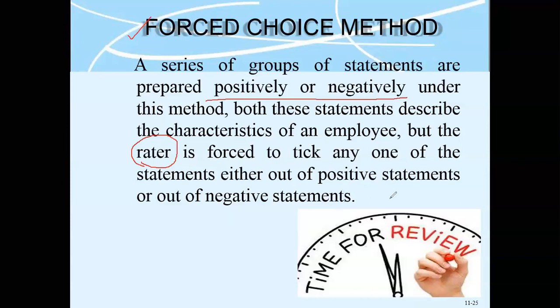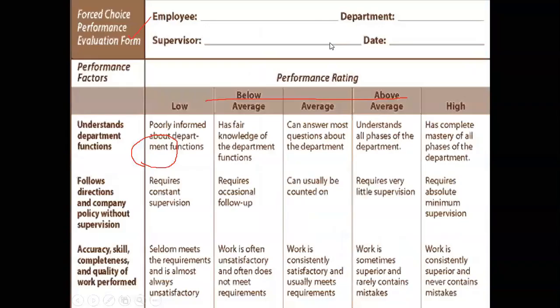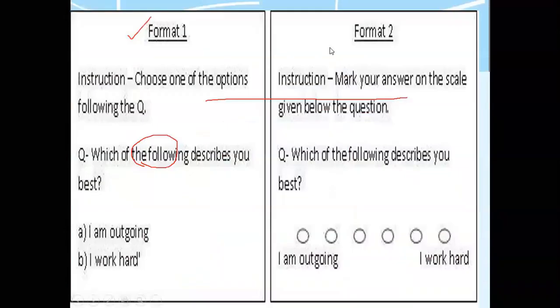And next we're going to see some things over it, that is right now on your screen, right? Format 1 and format 2 here. Choose one of the options following the question and mark your answer on the scale given below the question.